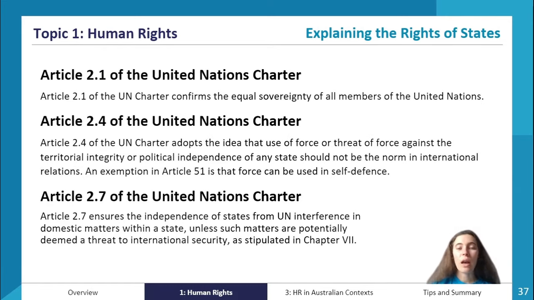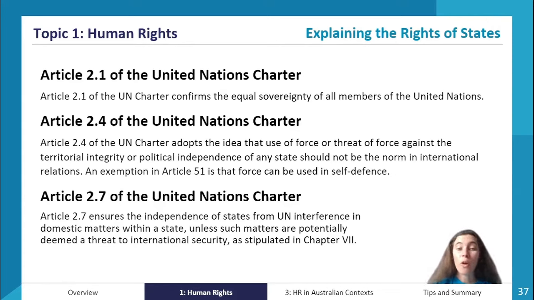So let's have a look at some particular articles in the United Nations Charter that are important for you to know. Article 2.1 confirms the equal sovereignty of all members of the United Nations. These articles are upholding some of those rights of states that we've just looked at.